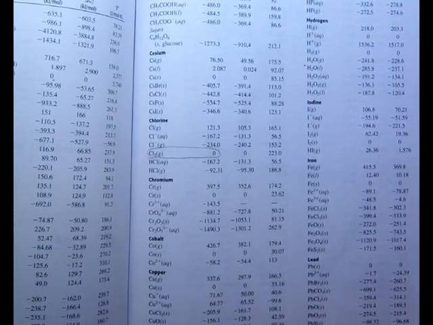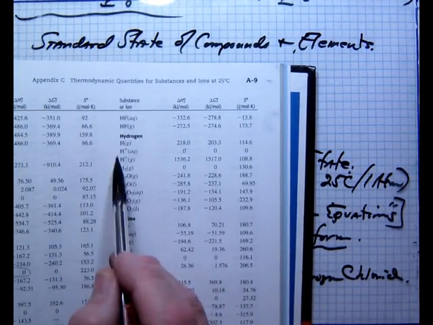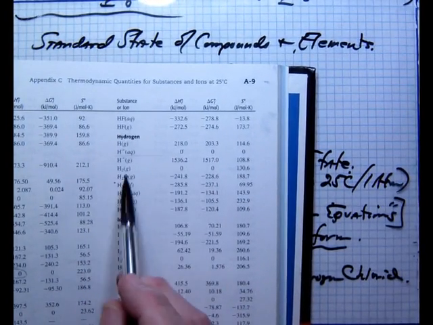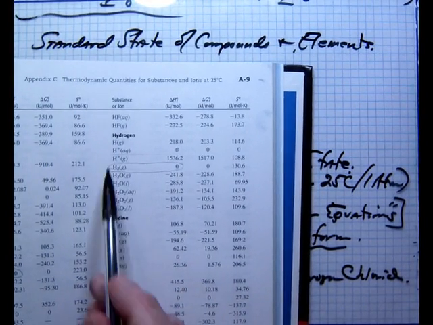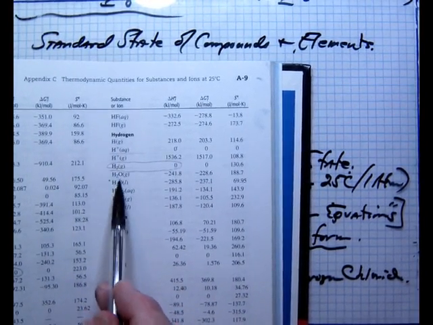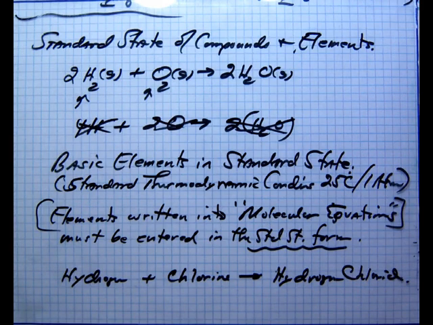And if I'm going to use hydrogen, I need to look in here, except for aqueous H. We're talking about neutral elements, basic elements in their standard form. So I have to put them in whatever this book says they are in molecular form. The ions are not molecular form. So those are called thermodynamic quantity tables.